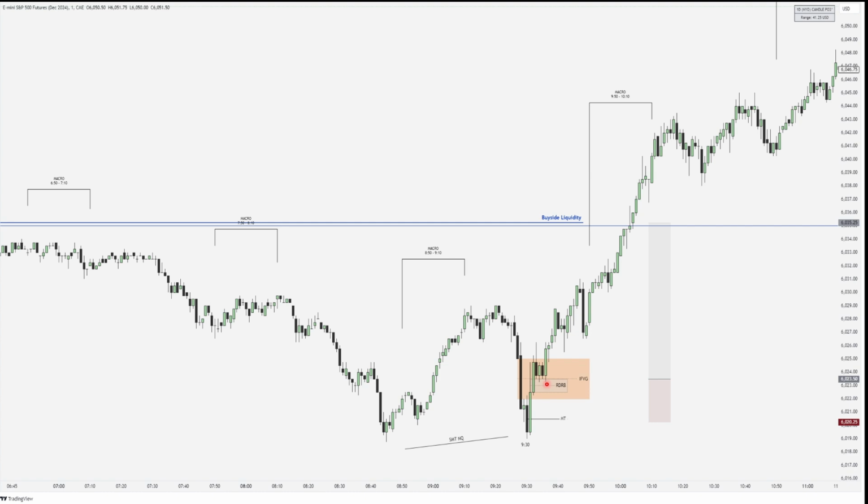And notice then that they also stay in the upper half of it. And notice then, even more interesting is how 2 of those wicks actually respect the CE of that SIBI, which becomes a future inversion fair value gap. So this is really a beautiful low risk buy.